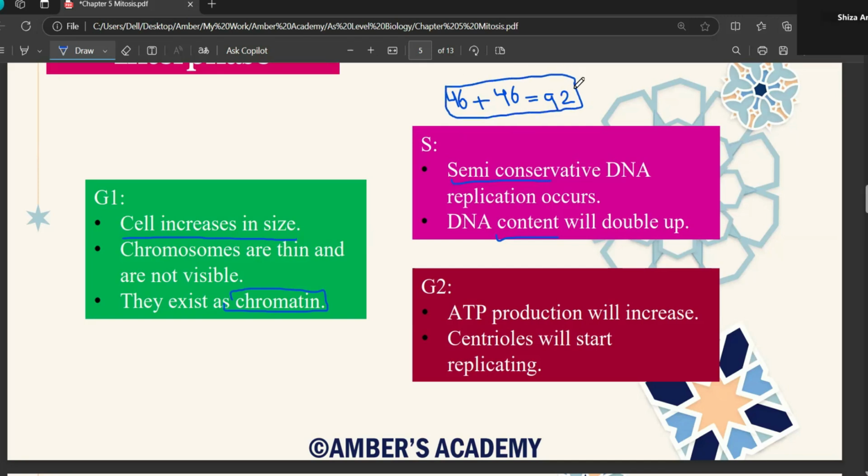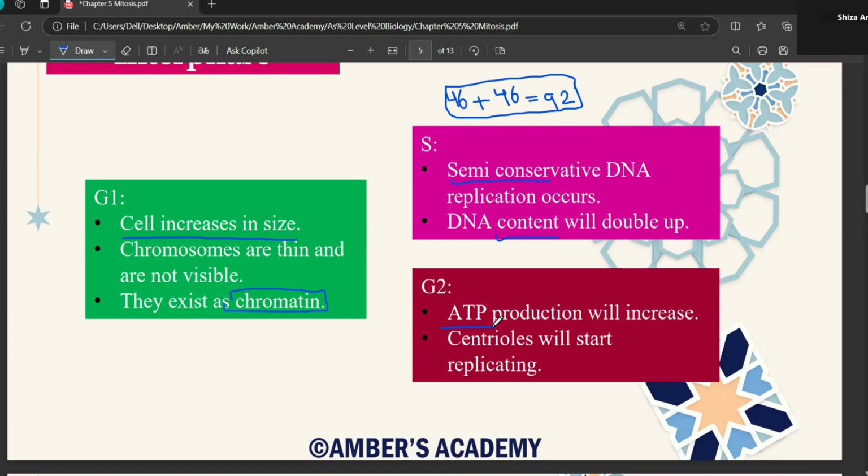When we do the past papers, you'll be able to see how you need to find out the content. They give you different numbers to try to confuse you. But if you stick with this concept, your cells have 46 chromosomes, and during S phase they'll double up, so it will become 92.